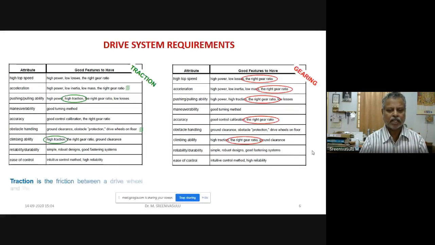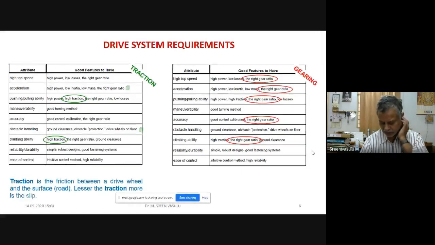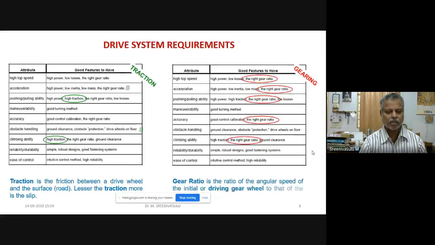Anyway, traction and gear ratios were introduced with few words. Traction basically avoids slip. The idea is friction between the road surface and the wheels. That is the traction.